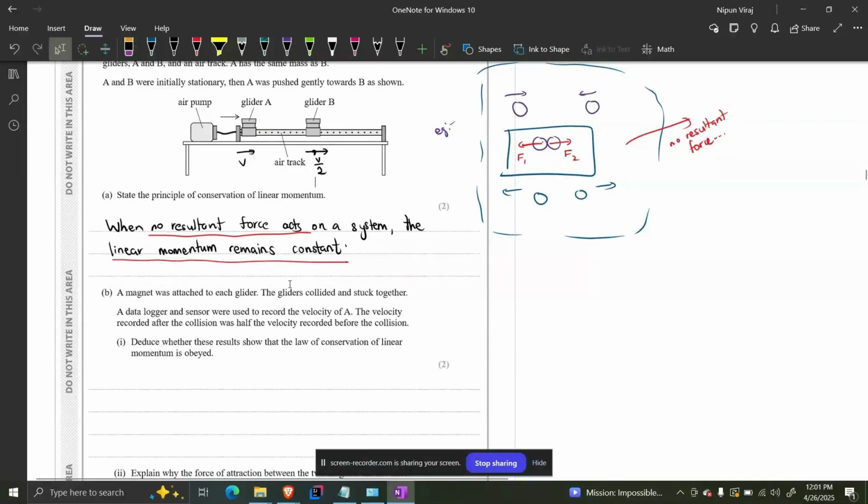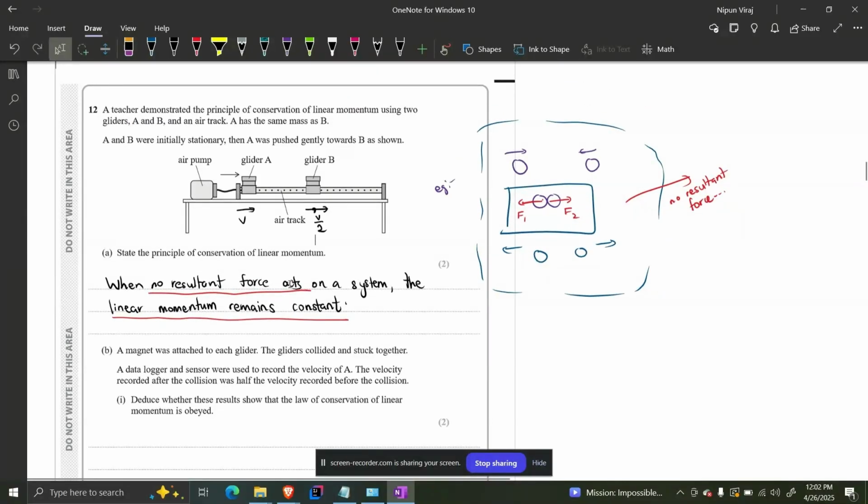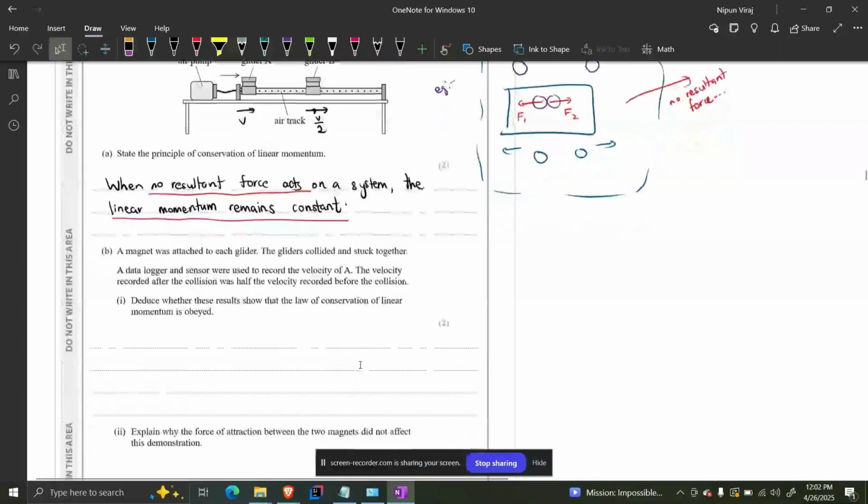Okay, so the thing is this now. It is mentioned that A has the same mass as B. So suppose it is going with the velocity v and colliding and striking together. We can say there is this glider A which moves with velocity v.